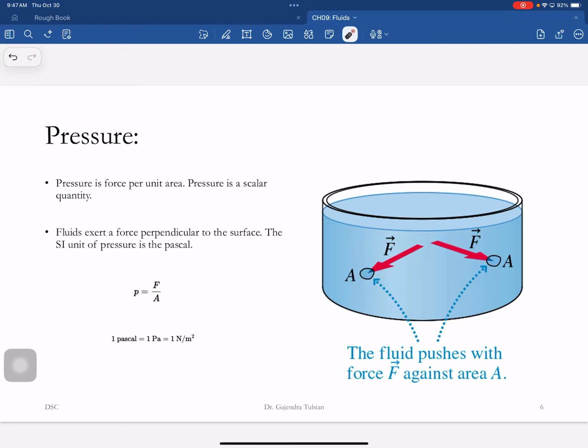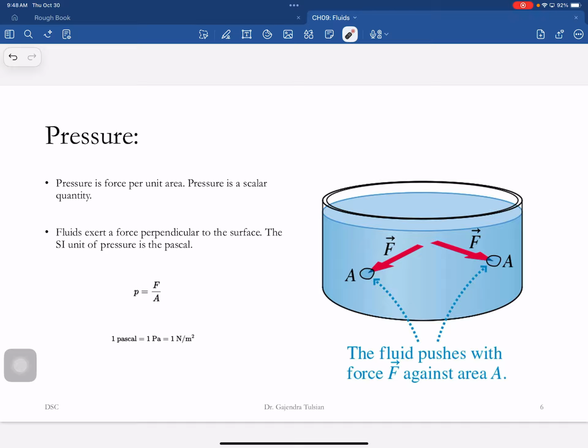All right, all liquids, all fluids exert pressure. Pressure is the force per unit area they exert. And here's the thing about fluids, they exert a pressure always perpendicular to the surface. So this water is exerting pressure against the wall like that.